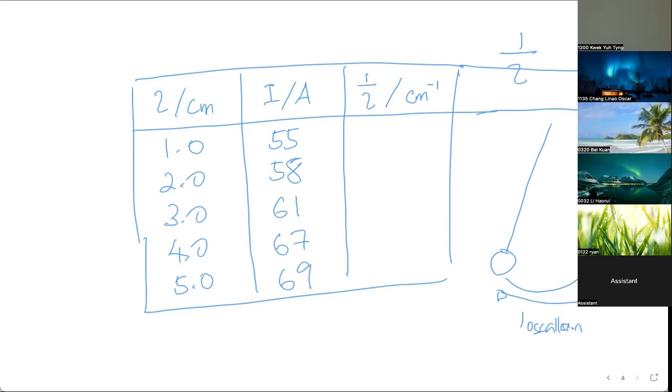My question is this: at which time is the pendulum moving the slowest? At point A or point B? At which time would the pendulum be at the slowest speed?